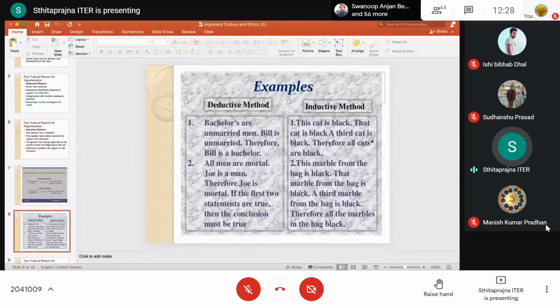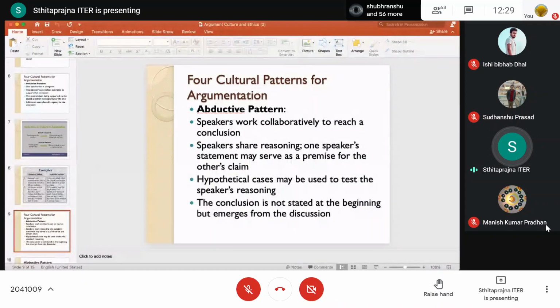Similarly, this marble from the bag is black, that marble is black, now the third marble is black. Therefore, all the marbles in the bag are black. So the deductive pattern of argumentation gives the rule first, example later; inductive gives examples first, rule later. As simple as that. Now coming to the abductive pattern. Inductive, deductive, abductive. Please remember this.